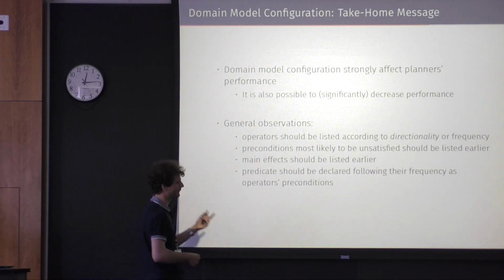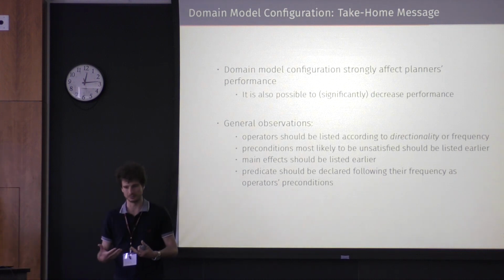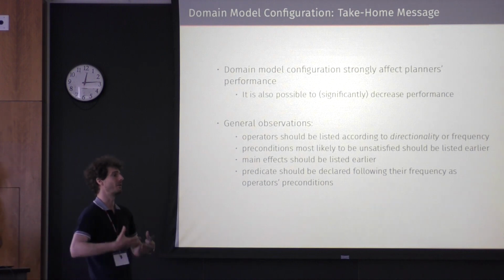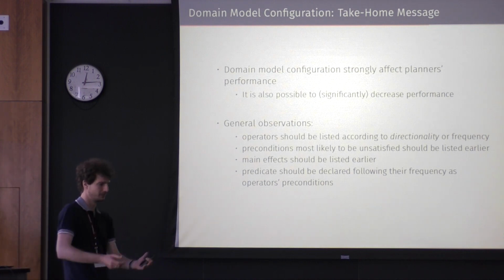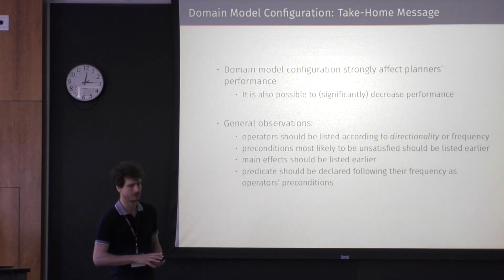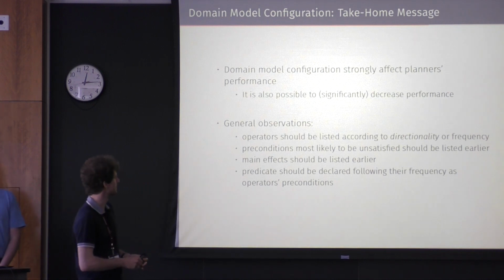And similarly, the main effects. If you have an operator, usually you have a number of effects, but there are one or two effects which are the reason why you are using it, and the others are basically side effects. So those main effects should be listed earlier, again probably for the same reasons as a precondition.